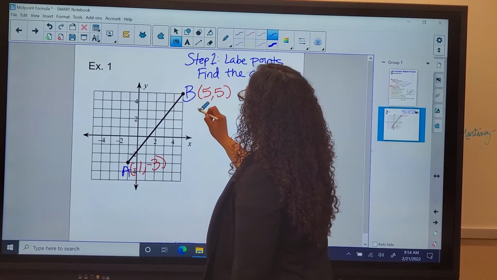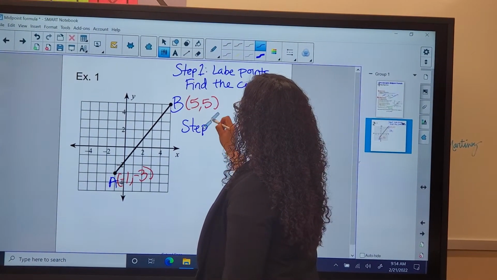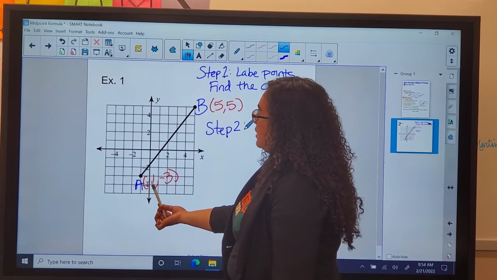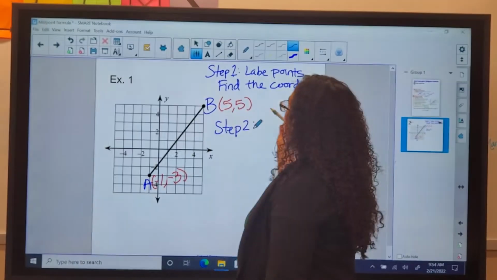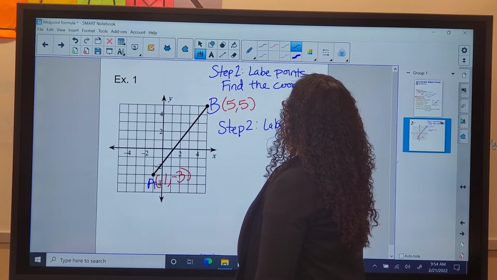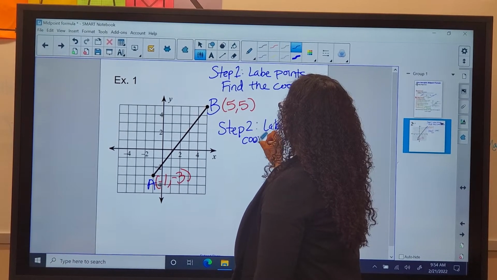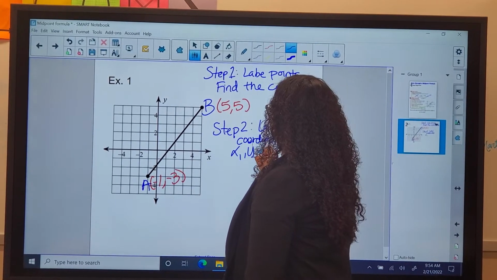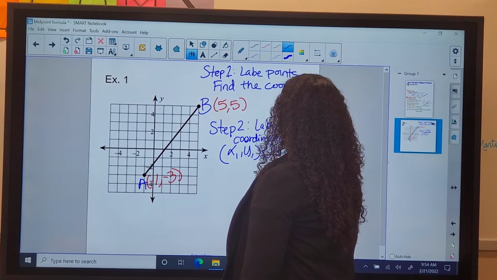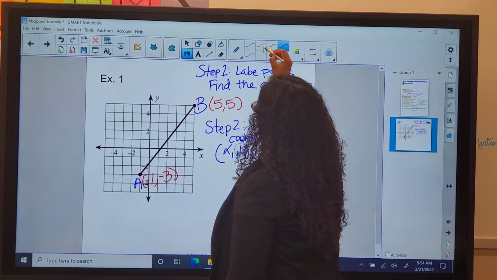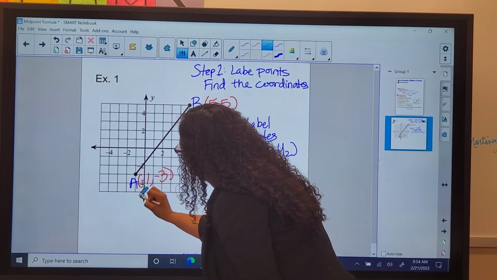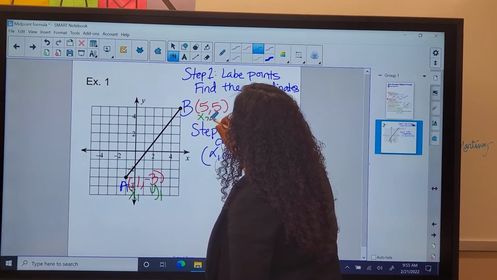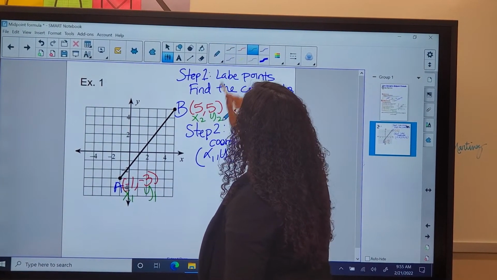Then step 2 is we label the coordinates x1, y1, x2, y2. So, label coordinates x1, y1, x2, y2. I'm going to use different colors. X1, Y1 is going to be my endpoint A, and X2, Y2 is going to be my endpoint B.